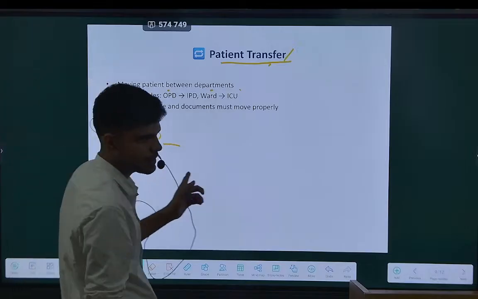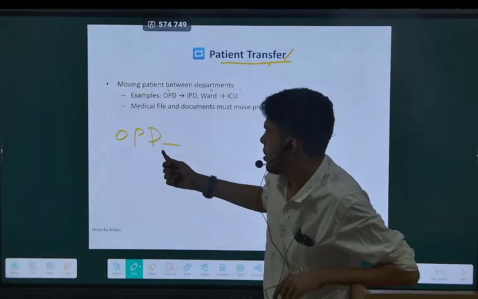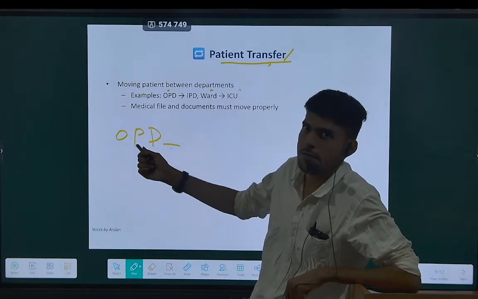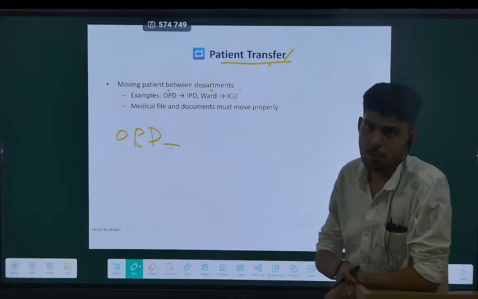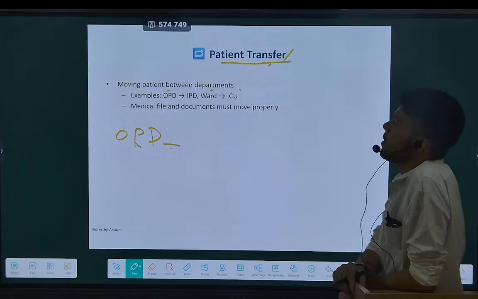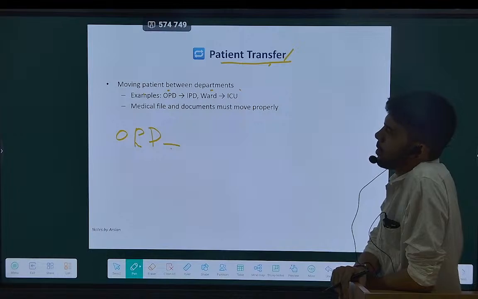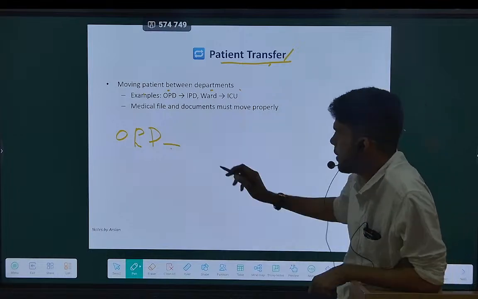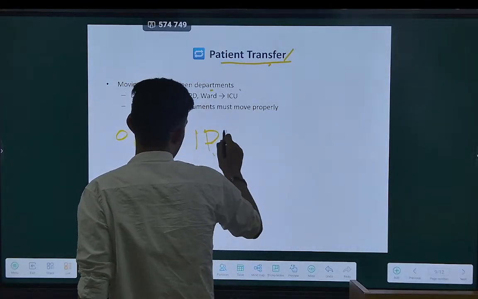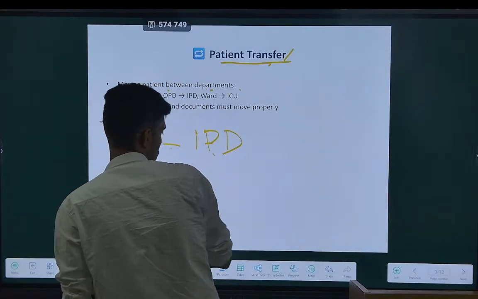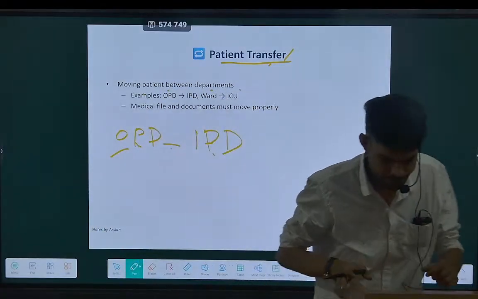OPD is generally the first point of treatment. So the patient is sitting in OPD, but now he needs to be admitted to the IPD ward. IPD are the wards where patients stay for a longer time. In OPD they stay for a short time.